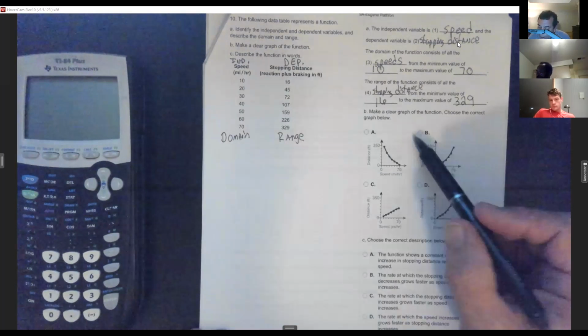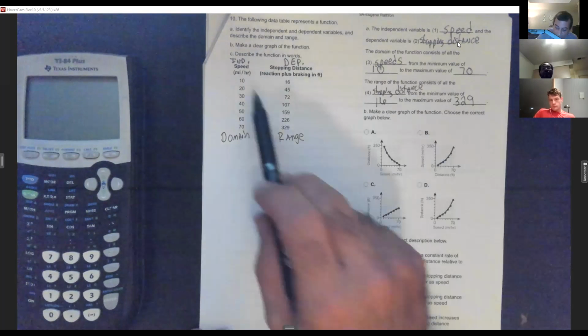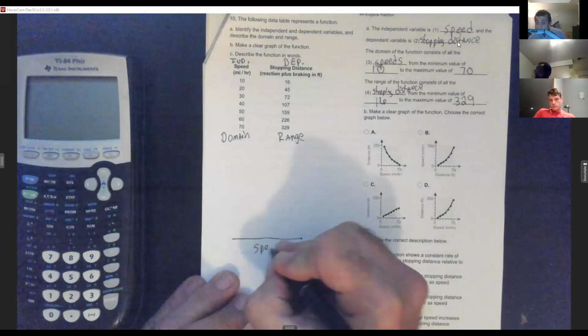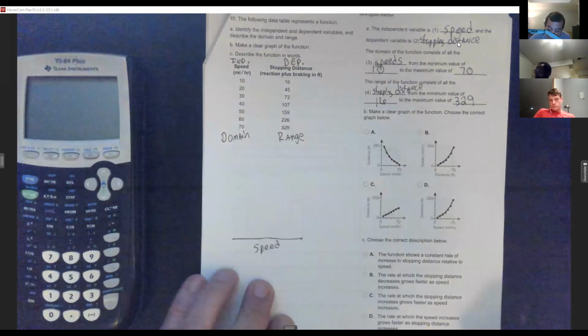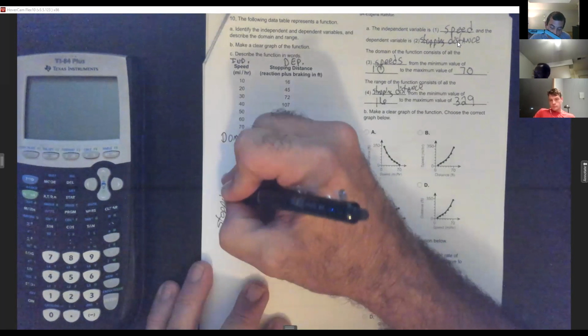All right, so we want to make a clear graph. Remember, my independent variable has to go along the x-axis. So my speed will be on the x-axis, and my stopping distance will be the y-axis.